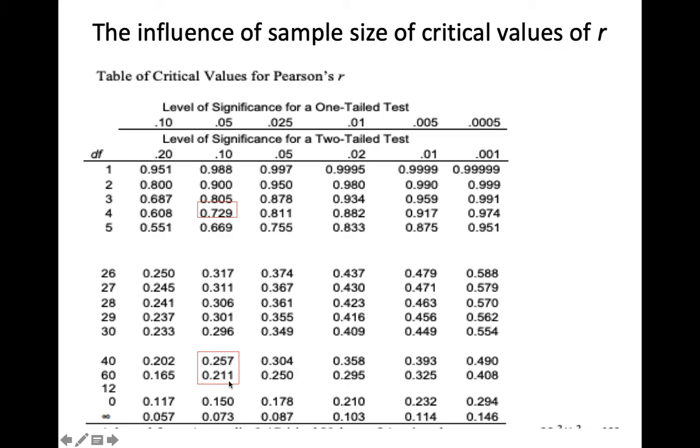Okay, so even a small effect, and here, even when we go to degrees of freedom that are very, very high, we can even see that the size of the correlation goes down. So even small effects can be determined to be statistically significant to the extent that the sample size is large enough.